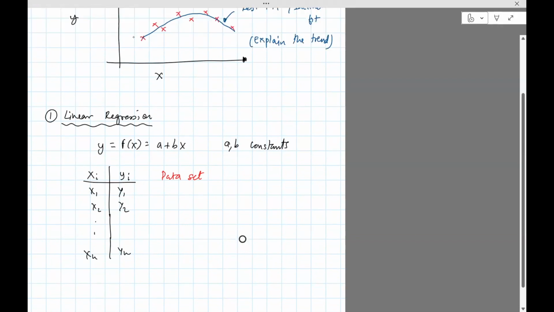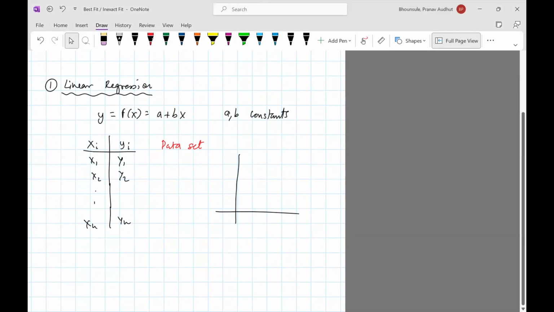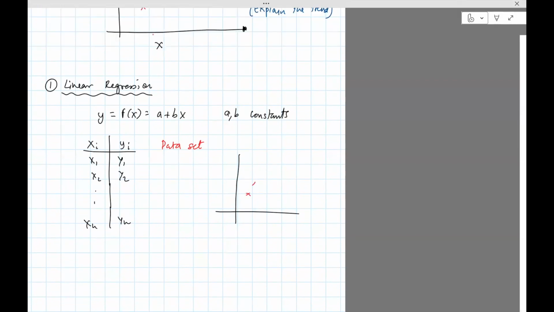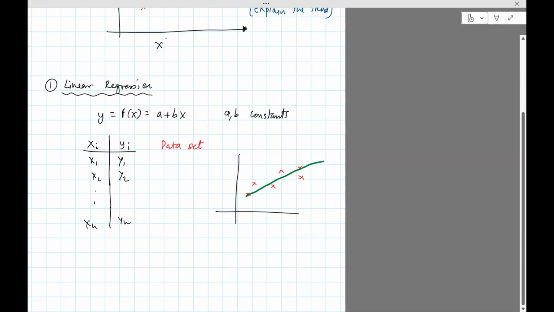And of course, you have some reason to believe that that data set can be closely approximated with a straight line, something like this. Okay, so clearly, first step is to actually plot the data and then make a guess as to if a straight line is a good fit, and then you go with this equation.